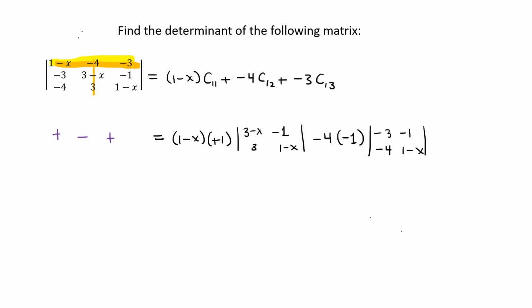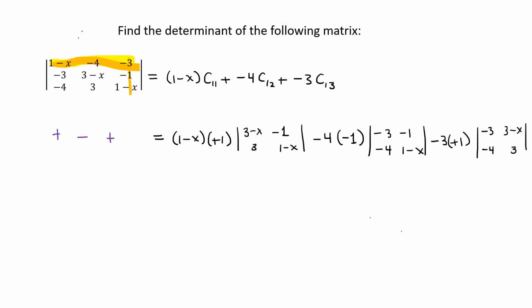Okay. And finally, we've got negative 3 times plus 1 from our checkerboard times the determinant of the matrix that we get by deleting the row and column containing negative 3. And this gives us the matrix negative 3, 3 minus x, negative 4, 3.